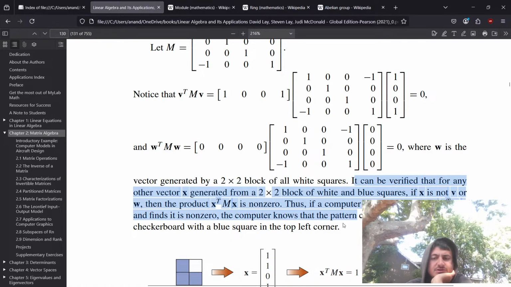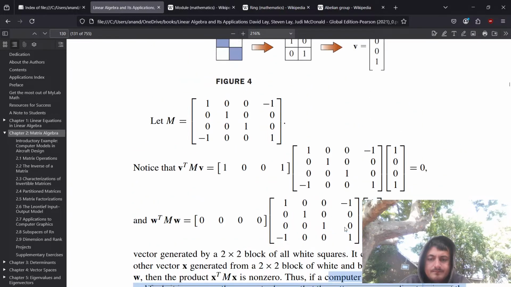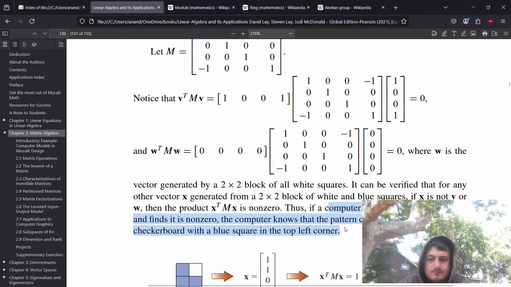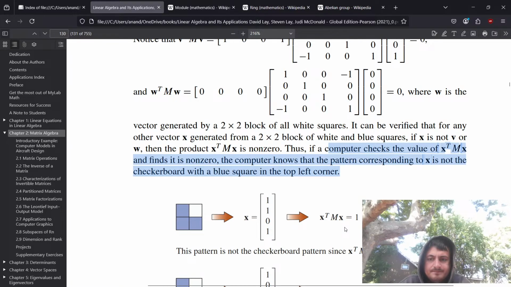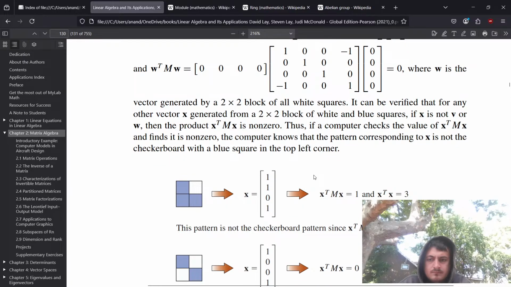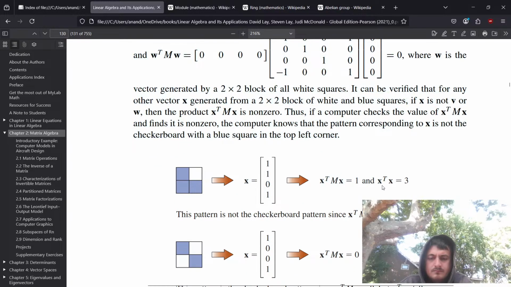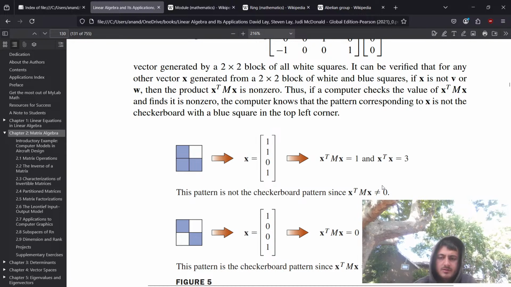Thus, if a computer checks the value of X transpose MX and finds it non-zero, the computer knows that the pattern corresponding to X is not the checkerboard with a blue square. Wait, top left corner? Wow, this is a weird introduction. Okay.